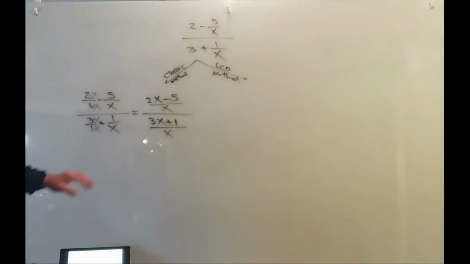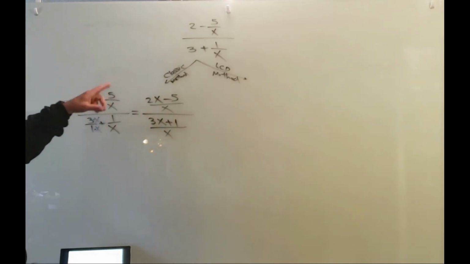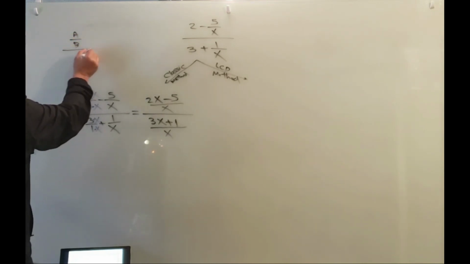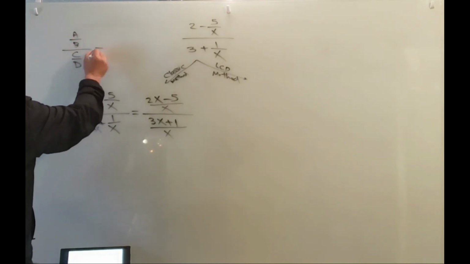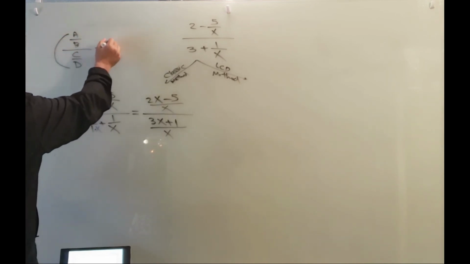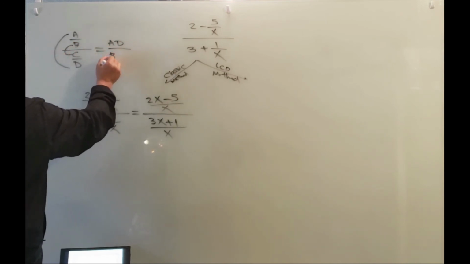Okay, now if you notice, we have just one fraction over one fraction. So we can do the a over b over c over d trick, which is going to be the outer product AD over the inner product, which is BC.